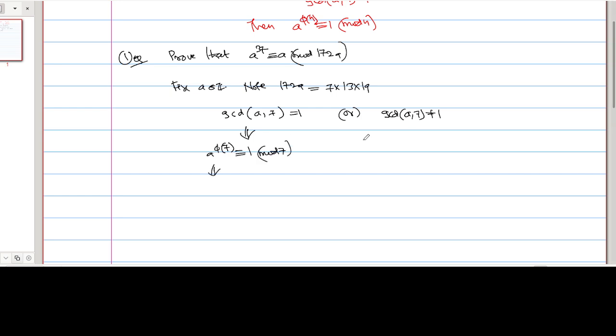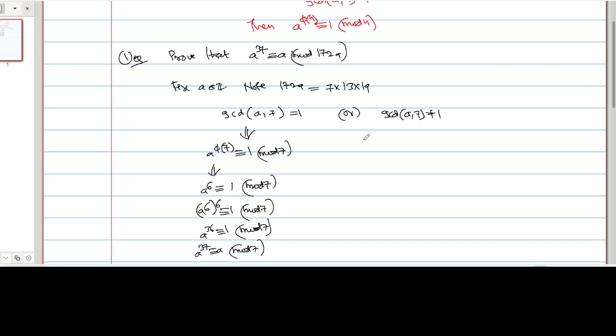That means a power 6 is congruent to 1 modulo 7. But what I need is a power 37. So to get 36, take the whole power 6: a power 36 is congruent to 1 modulo 7. And I need a power 37, so I multiply with a. So a power 37 is congruent to a modulo 7, by Euler's theorem whenever a and 7 are relatively prime.